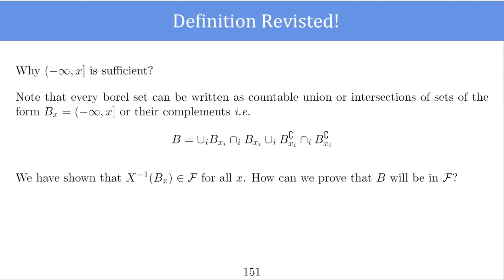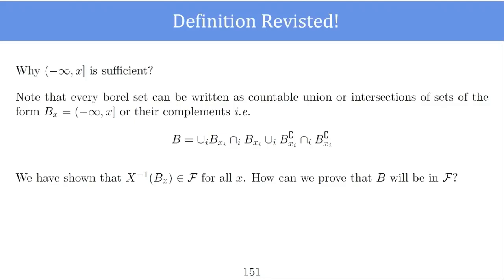You can take the set B2, minus infinity to 2, which is closed at 2, and if you take its complement, you get the open set 2 to infinity, which is open at 2.